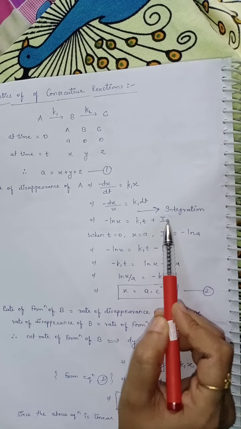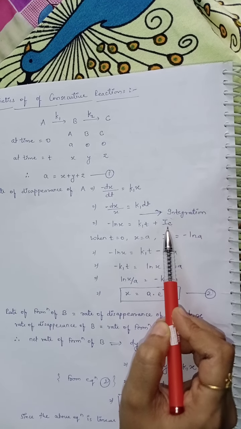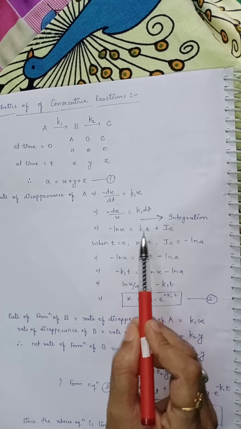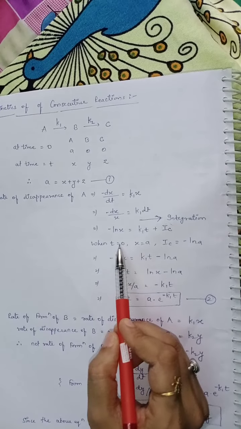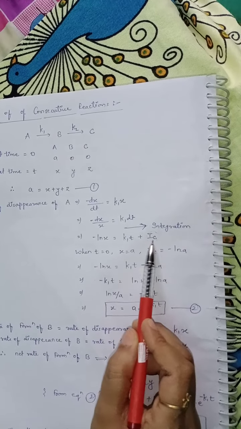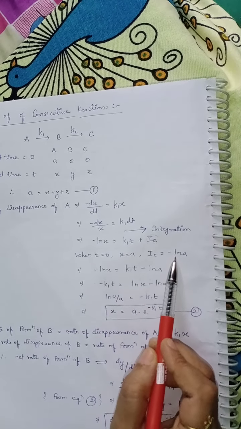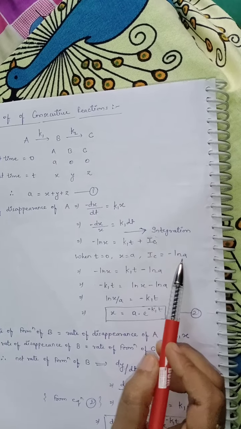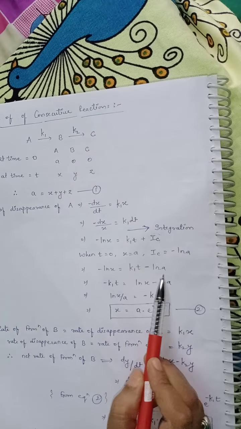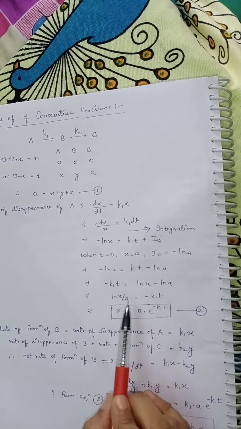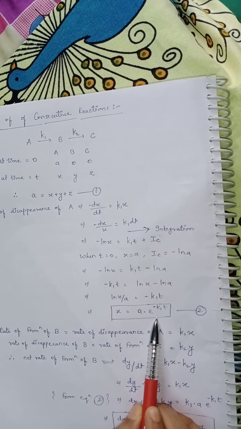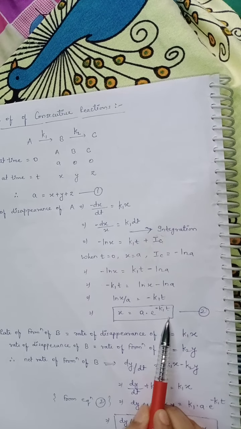Now you have to find the value of the integration constant, so we put in the values of t and x. When t equals 0 and x equals a, the integration constant becomes log a. Then you put the value of the integration constant here, rearrange, and you get this equation, which is the rate equation for the disappearance of A.